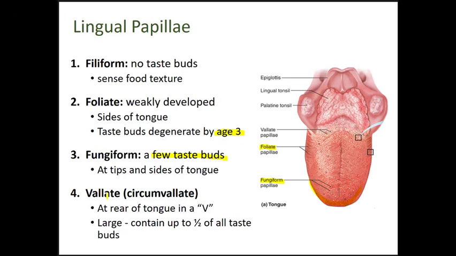And finally, vallate lingual papillae. These are found at the rear of the tongue in a V-shaped form, and these are large. They contain up to half of all of your taste buds. So this is the big one of all the lingual papillae for taste buds.